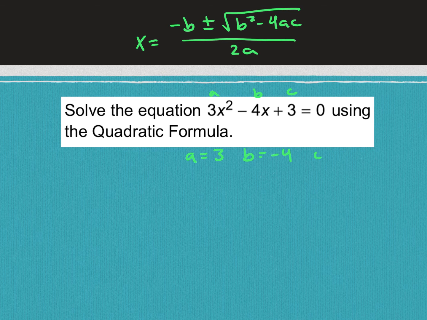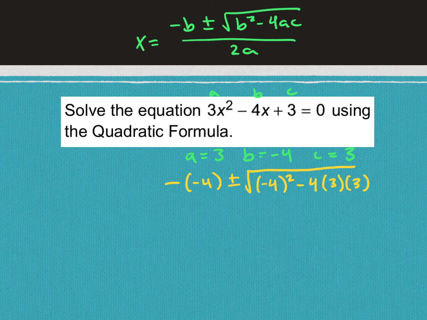Negative 4. And what's c? 3. So now we can plug it in. So I have negative b, so negative 4 plus or minus the square root of b squared, so negative 4 squared, minus 4 times a times c, so 4 times 3 times 3, over 2 times a, which is 3.